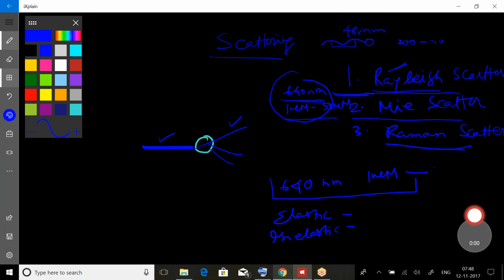Flow cytometric measurements are affected by all these different types of scattering. While running a flow cytometer, this scattering never comes to our mind, but if you want to really excel in flow cytometry, we need to know how our particles are behaving with the light source.